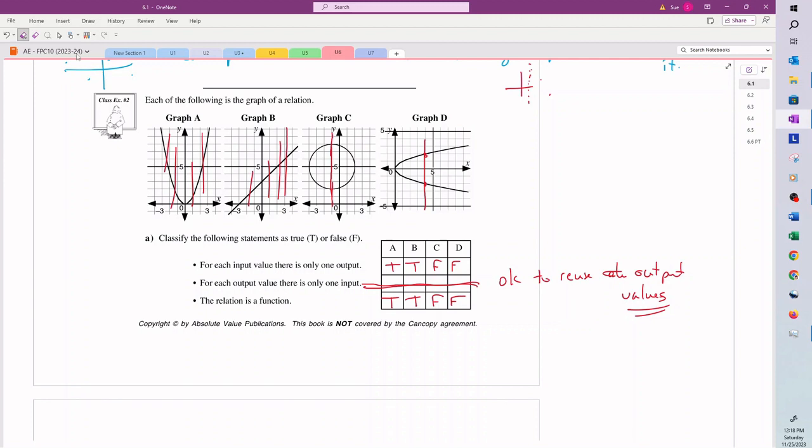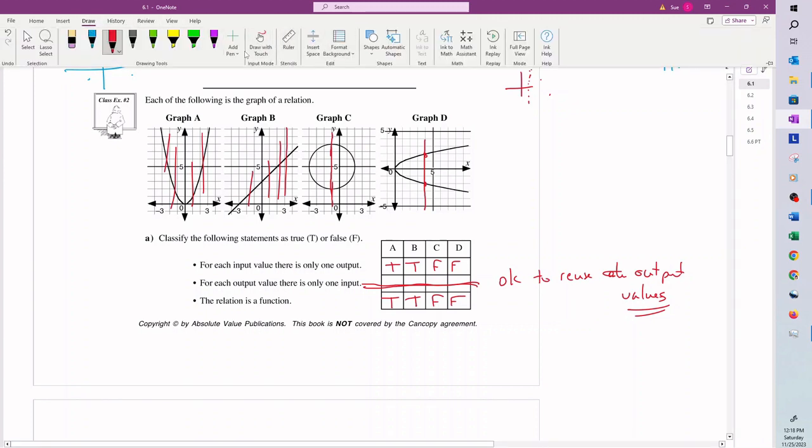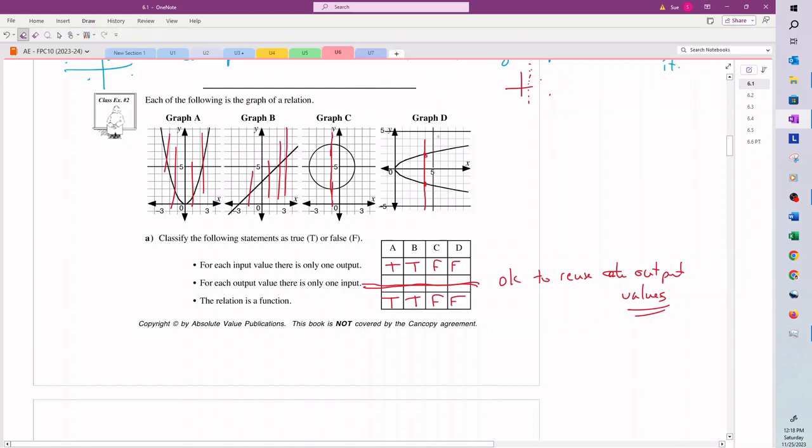And let's see if I can do this with draw shapes. Okay, let's try that.